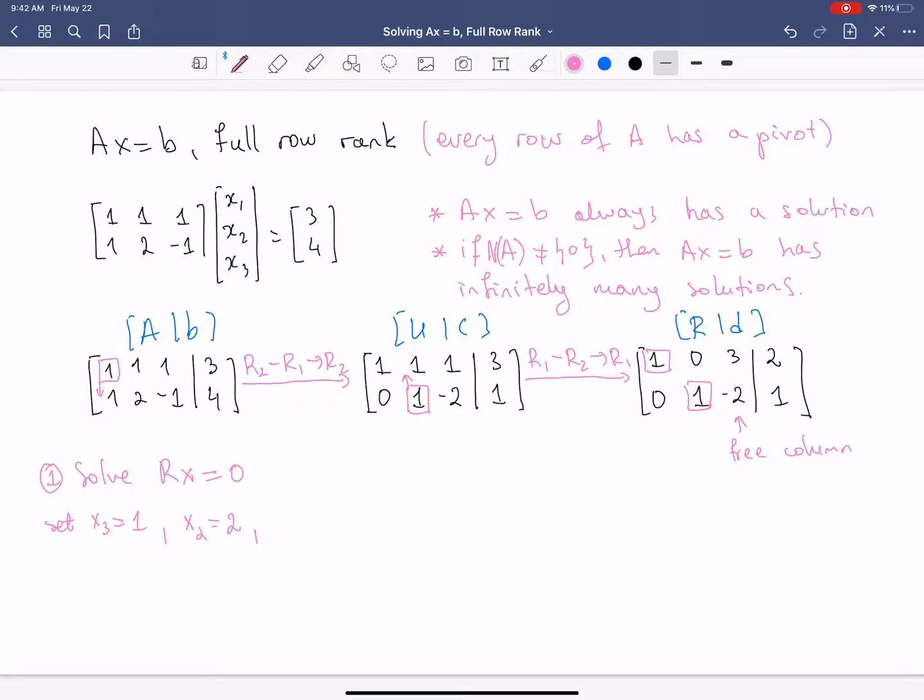And then we do the same thing in the first row. You see now that the second pivot variable doesn't show up in the first equation because we carried out that elimination upwards as well. So if we were to use U, we would have to replace whatever we have for x2 in that equation. Whereas here, only the free columns affect that one pivot. So we have x1 plus 3 must be 0. That means x1 must be negative 3.